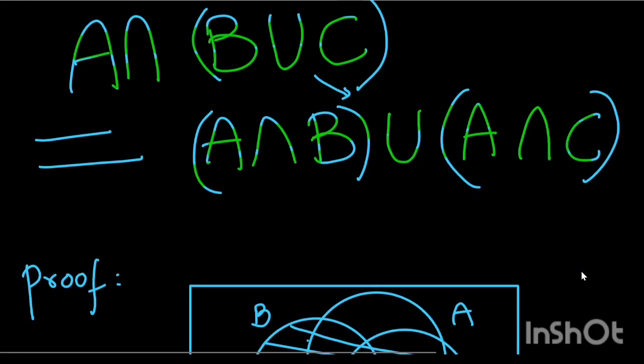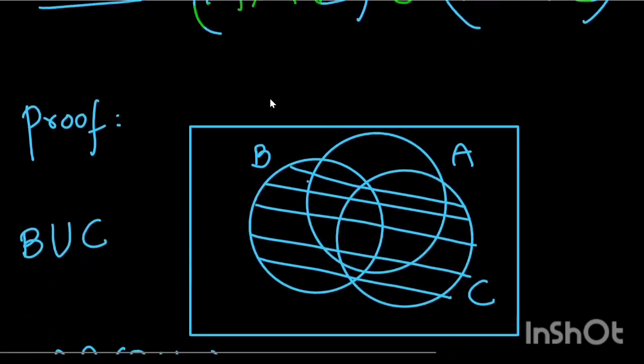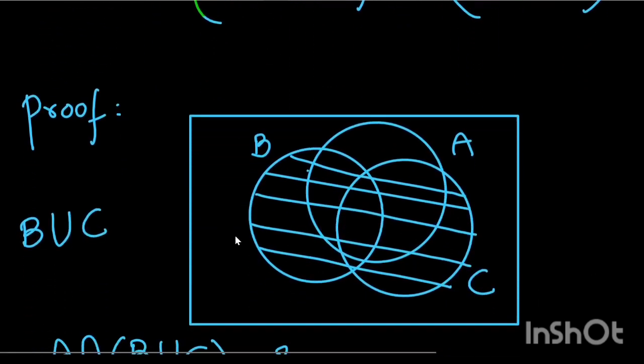Now let's see the proof of this. I will first draw A intersection B union C. So B union C I have drawn. This is B union C, guys.